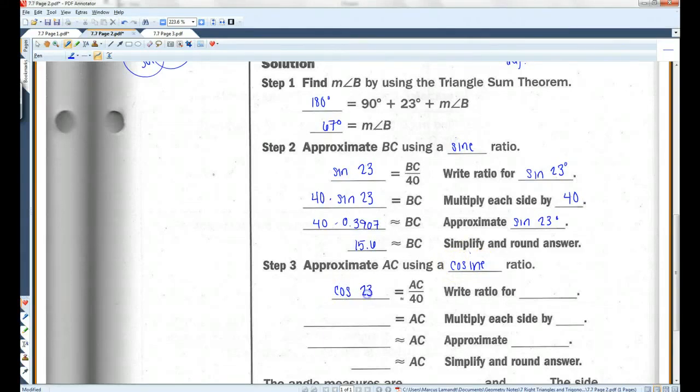Cosine of 23 degrees. AC over 40. So that's writing the ratio for cosine of 23. I'm going to multiply each side by 40. So I've got 40 times cosine of 23. I'm going to approximate cosine of 23 degrees.